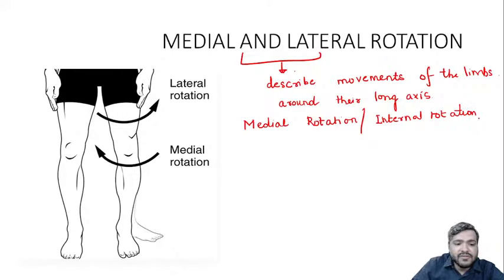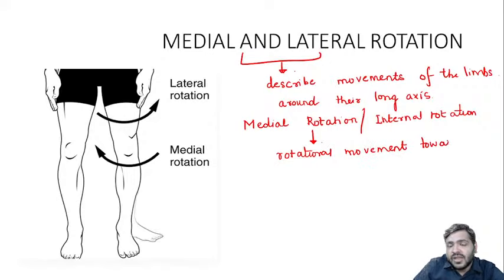So medial rotation is basically the rotational movement towards the midline of the body. And lateral rotation is basically the movement away from the midline.